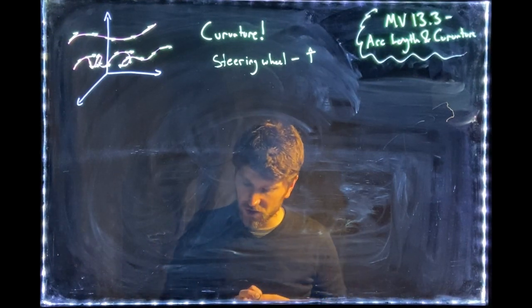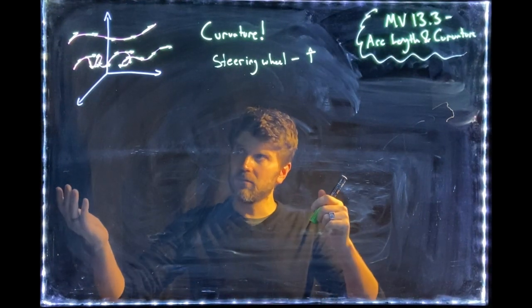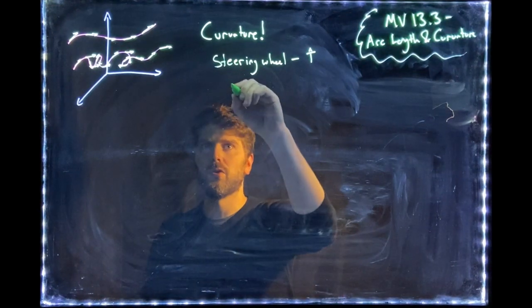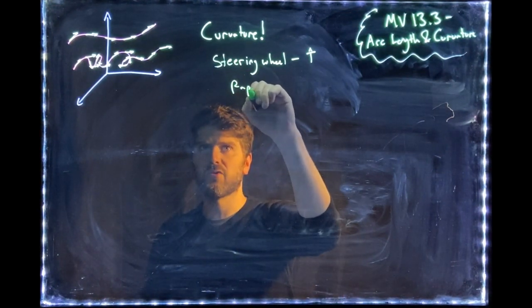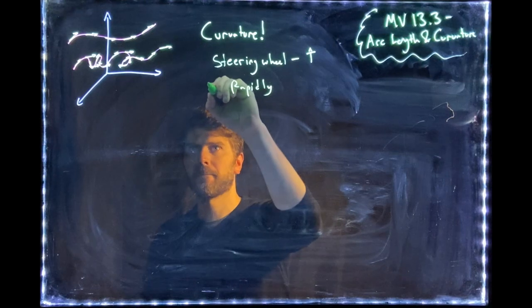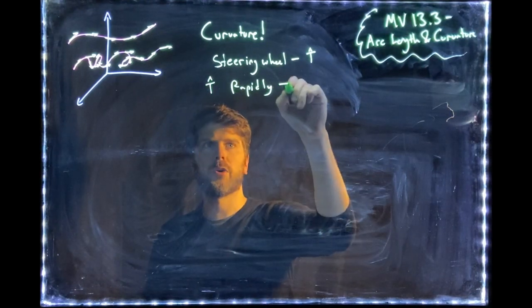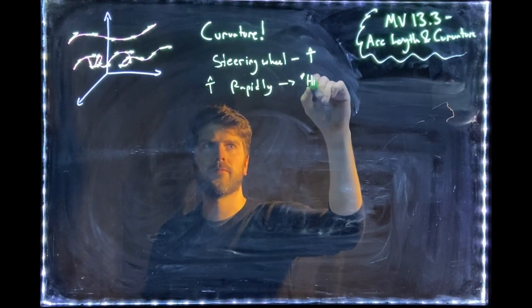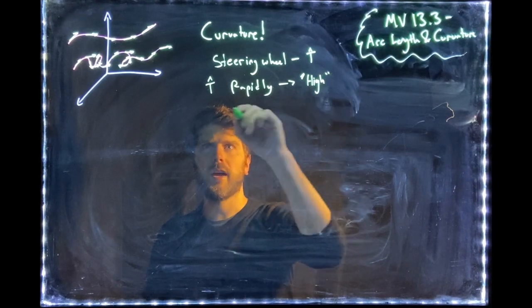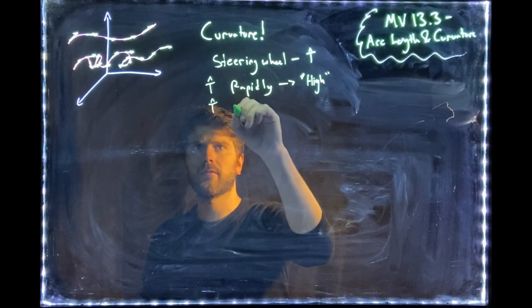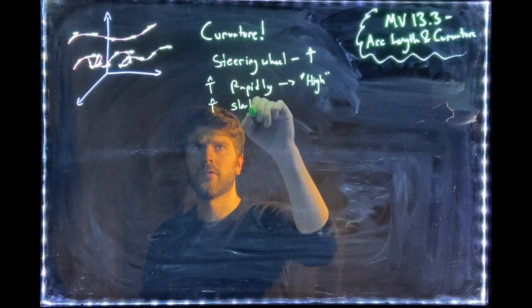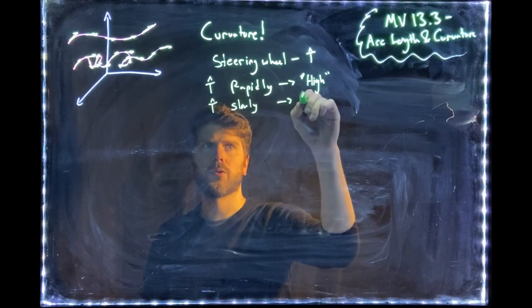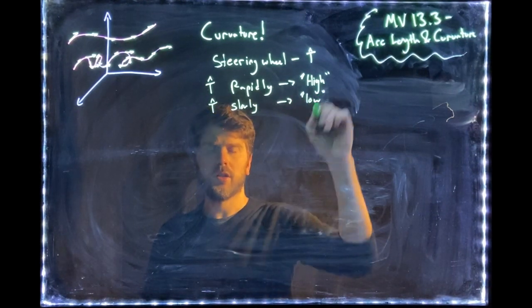So if the unit tangent vector is changing very rapidly, we're going to say we have high curvature. And if it's changing very slowly, we're going to say we have low curvature.